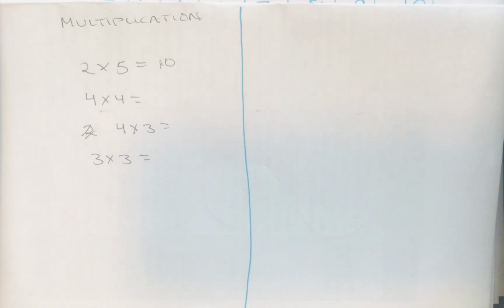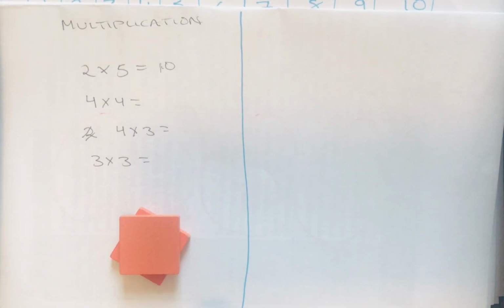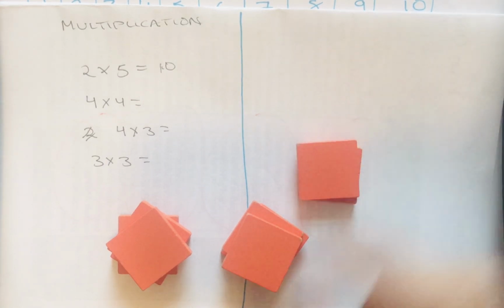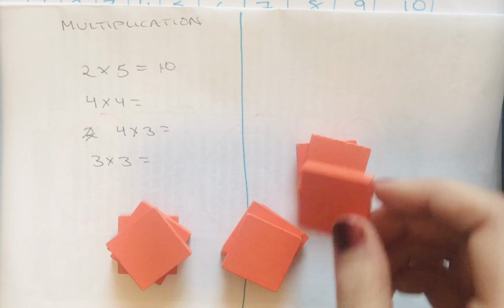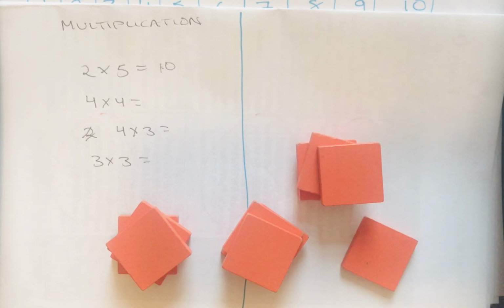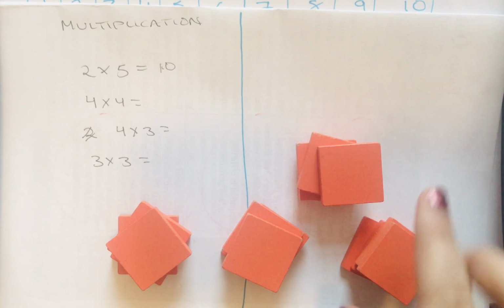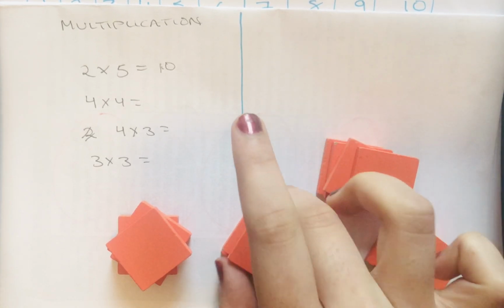Okay, so now we have 4 squares multiplied 4 times. That is 4 squares added 4 times. So now we have 4 piles of 4 squares. 1 pile, 2 piles, 3 piles, 4 piles.